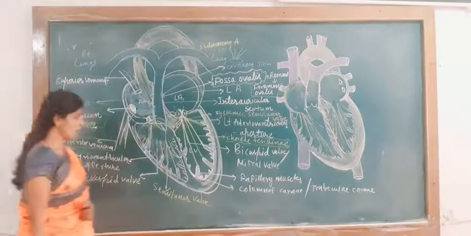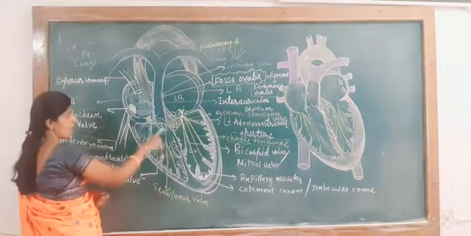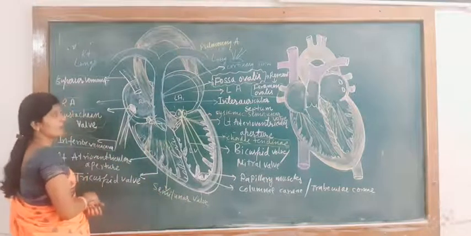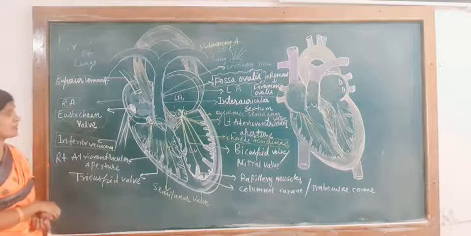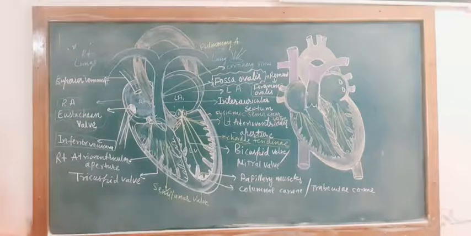Systemic semilunar valve, and this is the pulmonary semilunar valve. These guard the blood to prevent backflow.